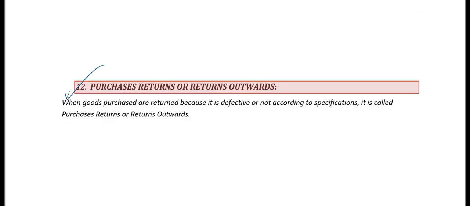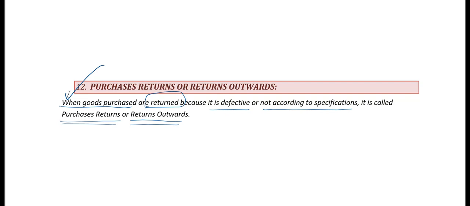12th term, purchase returns or returns outwards. When goods purchased are returned, why? Because it is defective or it is not according to the specifications, then it is called purchase returns or returns outwards.